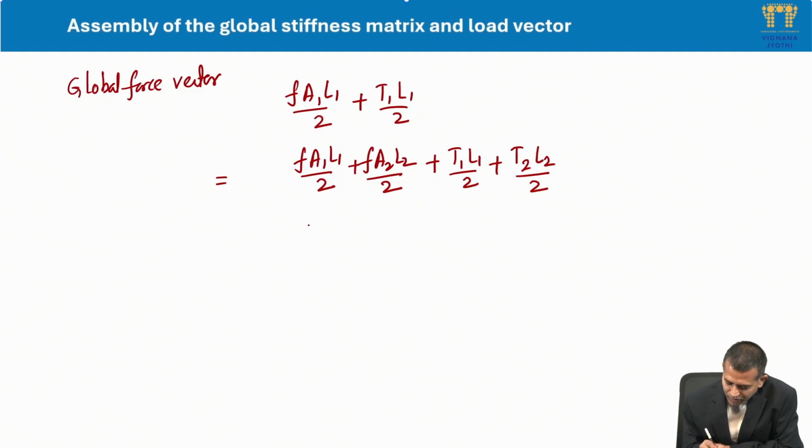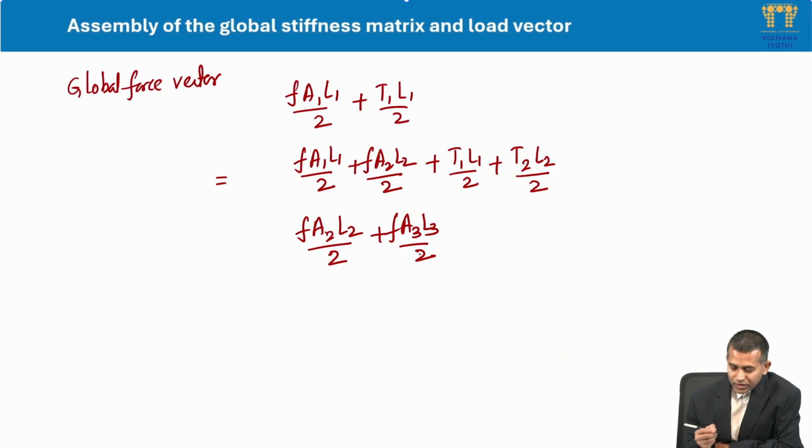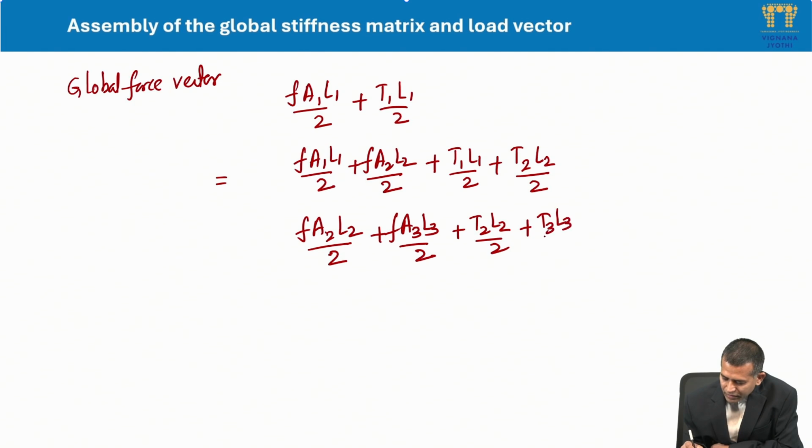And at node 3 we have F A2 L2 by 2 plus F A3 L3 by 2. These are the body forces, and you have T2 L2 by 2 plus T3 L3 by 2 together. And at node 4 we have F A3 L3 by 2 body force plus T3 L3 by 2.